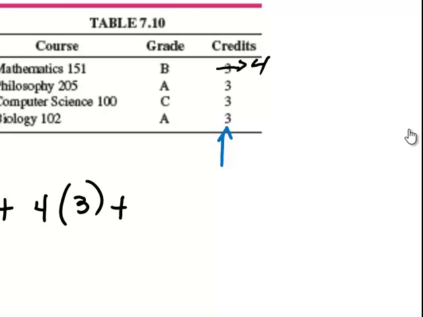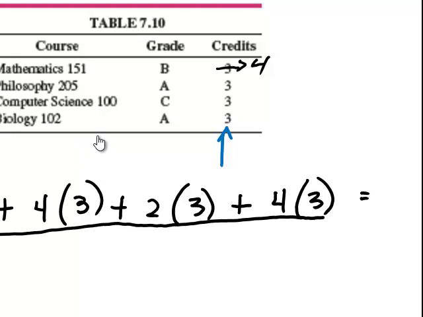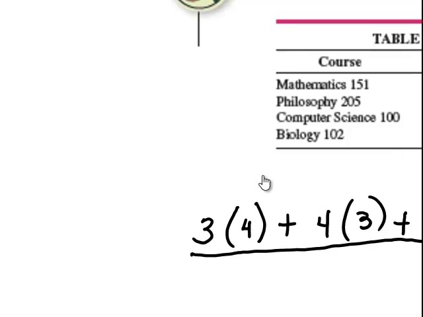C is 2 points, and it's worth 3. And we've got another A, which is 4 points, and it's worth 3. Then we're going to divide by the total weight, so that's 4, that's 10, 13. We're going to divide by 13 here, and we're going to get our grade point average.